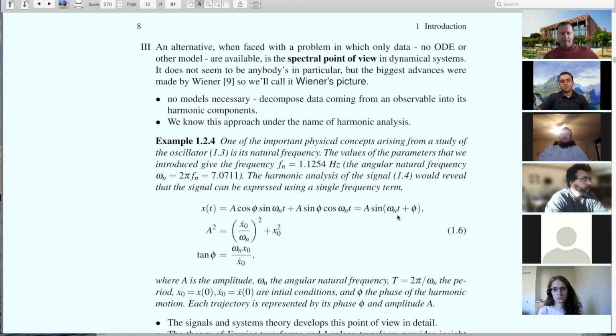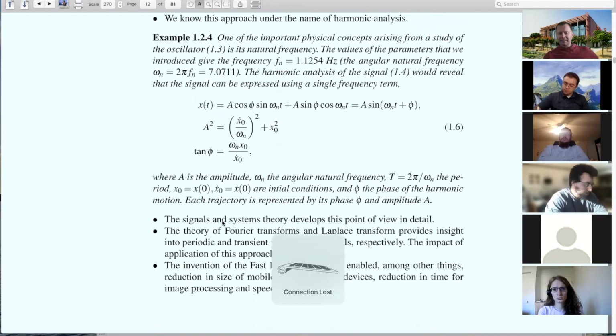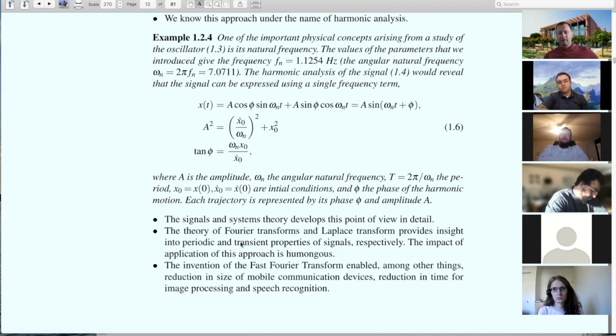All right. So the signals and systems theory develops this point of view in detail. You might have taken some courses in it. And if you look historically at what parts of analysis and mathematics deal with this, you look at the theory of Fourier transforms and also Laplace transforms for some of the transient aspects, and that has served us tremendously historically in the context of control theory with transfer functions, for example.